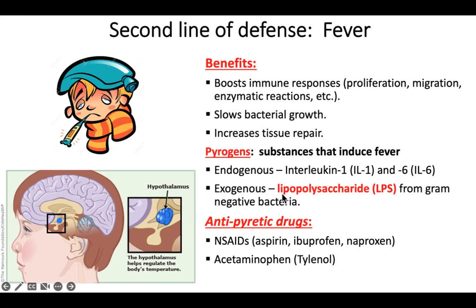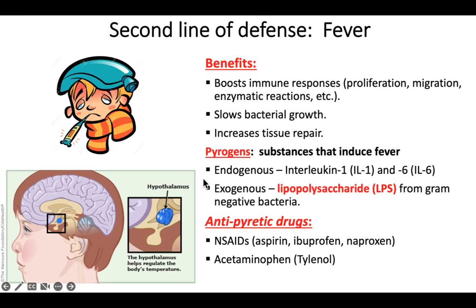One of them is called lipopolysaccharide, or LPS. It's actually a component of a certain type of bacteria called gram-negative bacteria. And when these gram-negative bacteria release this LPS, it'll trigger a fever. So fever is good, unless it's too high or for too long. It's caused by pyrogens that induce the hypothalamus to keep the temperature up.